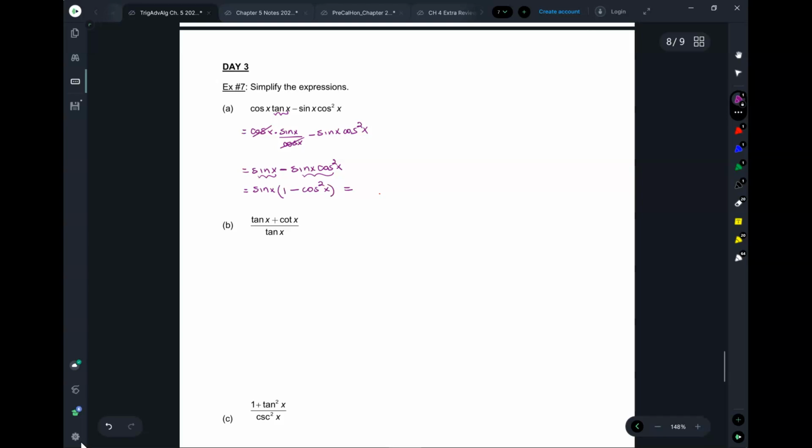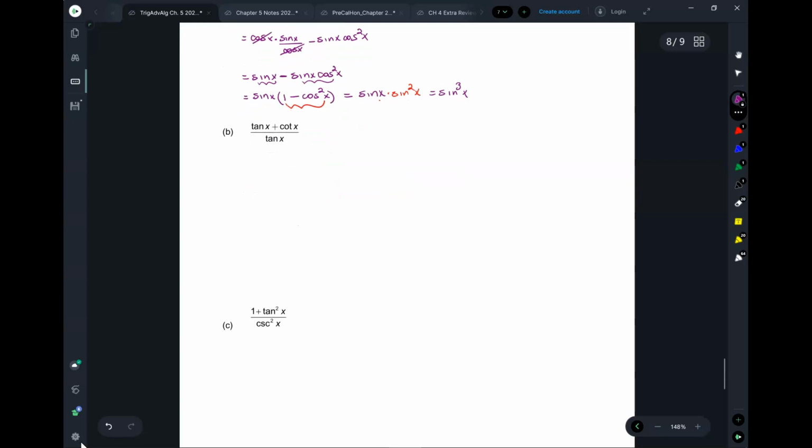So this is equal to sine x times, from the box, 1 minus cosine squared is sine squared x. So altogether, this is sine cubed x.